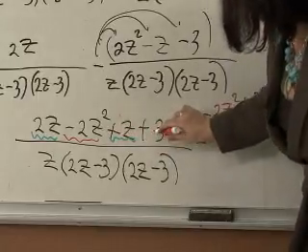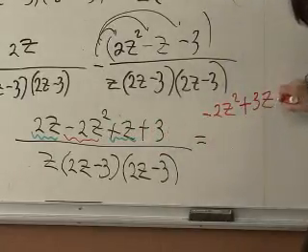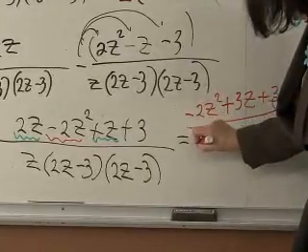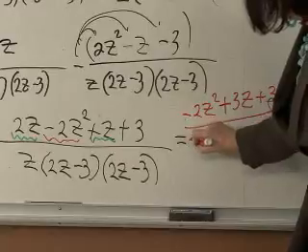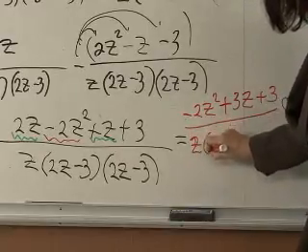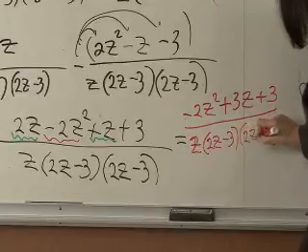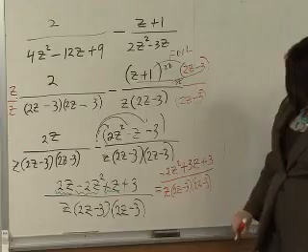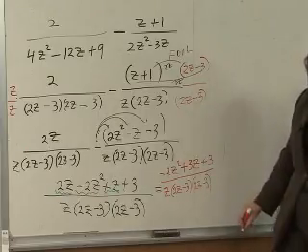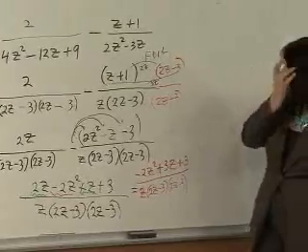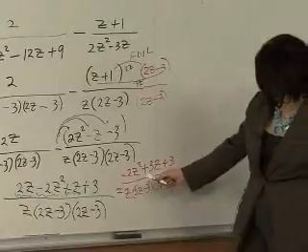And then I have a plus 3 over the LCD, which is z times 2z minus 3 times 2z minus 3. Let's see, can we factor? So the last thing to do is to see if you can factor the top and if you can reduce.